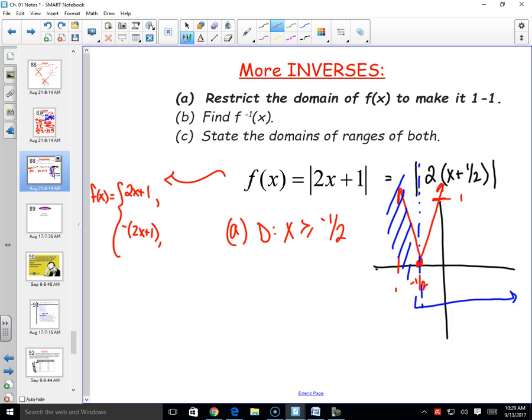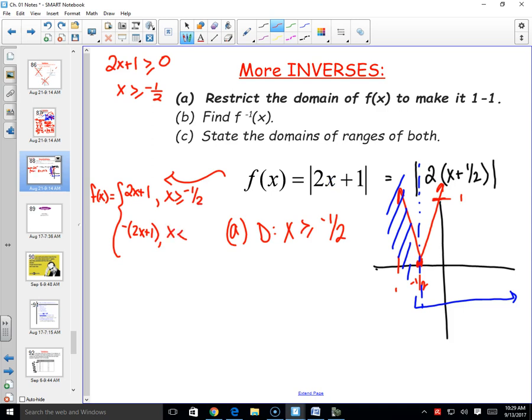However, the separator of the two pieces is going to be the 0. So I'm not going to use x greater than or equal to 0, x less than 0. I'm actually going to use 2x plus 1 greater than or equal to 0. When I move the 1, divide the 2, that's how I get my -1/2. So for anything greater than or equal to -1/2, the absolute value doesn't change anything.